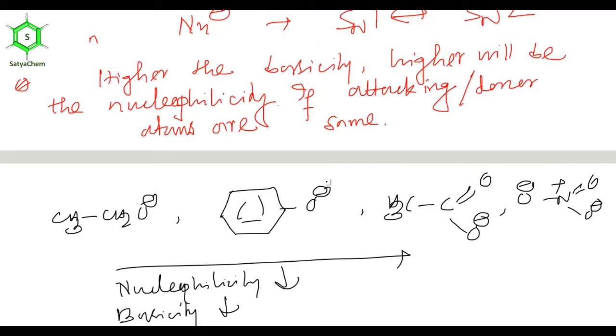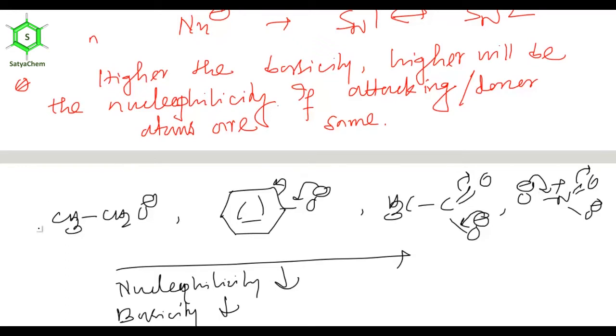Okay, but here basicity is low because the negative charge is dispersed over the benzene ring through resonance. Here also, through resonance, the negative charge is dispersed over these two oxygen atoms. Here also the negative charge is dispersed over the free oxygen atom through resonance.